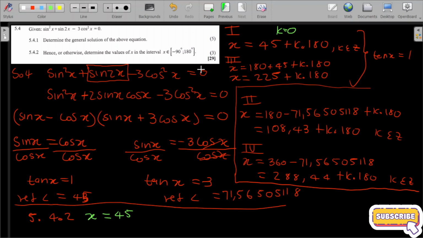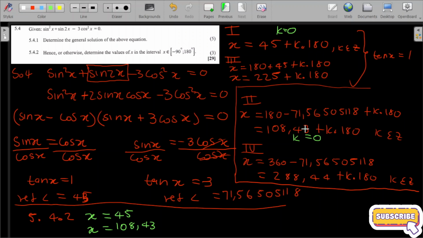Now going to another general solution, which is this one here. If I put k equals 0, I'm going to get this part here, which is x equals 108.43, which goes with this restriction that I have here.